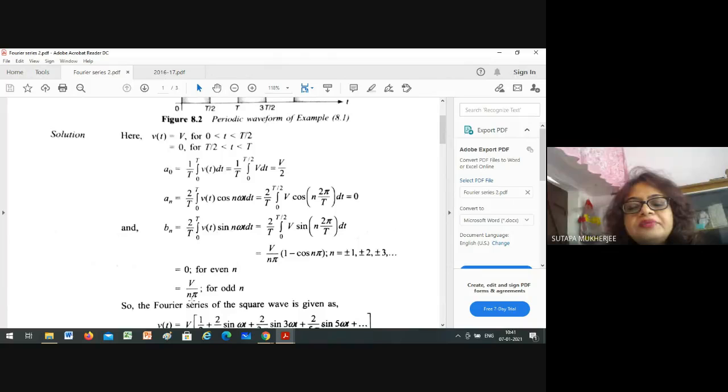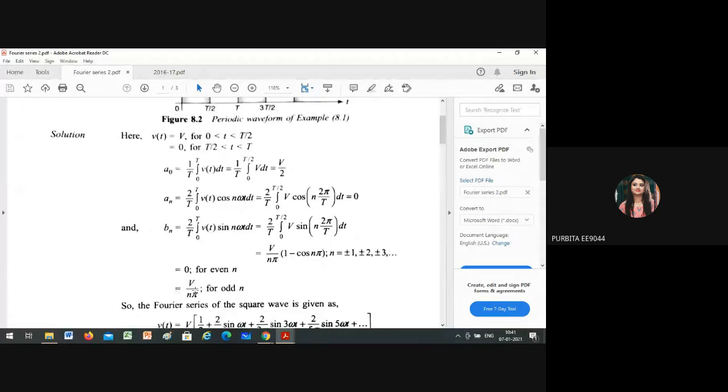Then how can you get V by n pi for odd n? Well, definitely this part will be 1. Well, this is 0. So V by n pi. If this part is 0, then you will get V by n pi. Yes or no? Yes, ma'am.